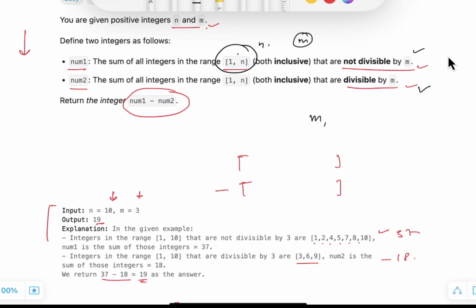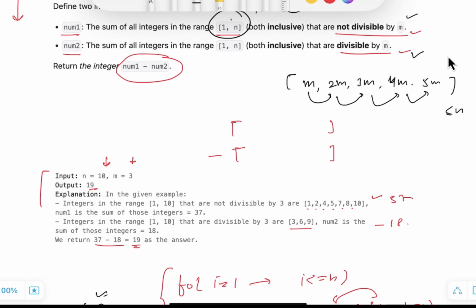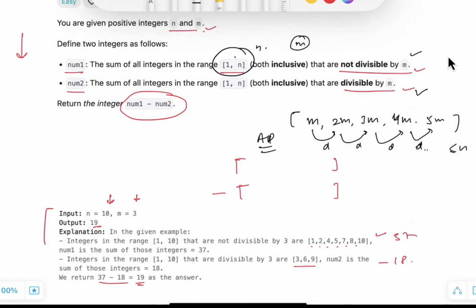Then the next one is 2m, third one is 3m, fourth one is 4m, right? m, then plus m, plus m, plus m, until it is less than or equal to n. So this is the range, and if you analyze, this is an AP, an arithmetic progression. The delta is the same for every two numbers.